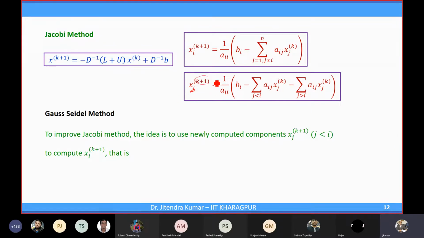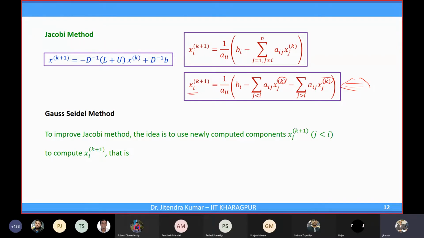I'm not talking about the iteration. I'm still at some fixed iteration, the k plus 1th iteration, but I am updating my components. So x1 is updated, x2 is updated, and when I am updating x3, x1 and x2 are already updated. But this formulation is not using those. This is using values from the previous iteration.